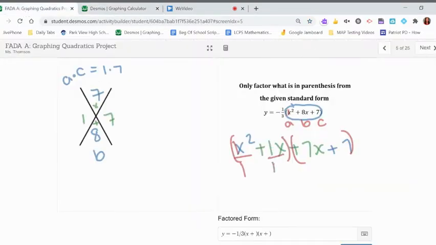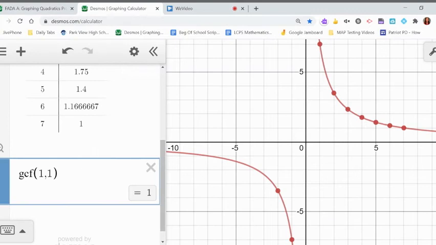We can divide these both by 1. They both have an x. So I'm going to write my 1x here, and then I'm going to divide. 1 divided by 1 is 1. x squared over x to the 1 you subtract, plus 1 divided by 1 is 1, and these x's will cancel because they're the same. I'm going to do the same thing for my other parentheses. I have a 7 and a 7. Again, if you need your Desmos.